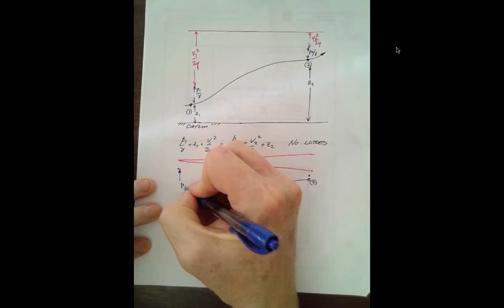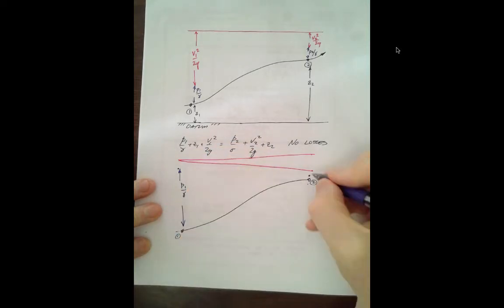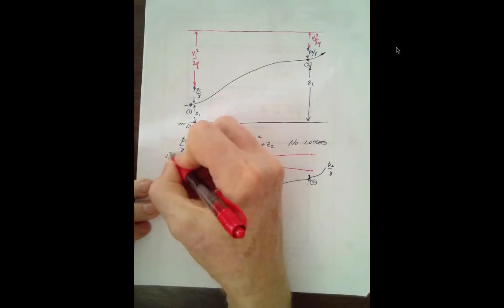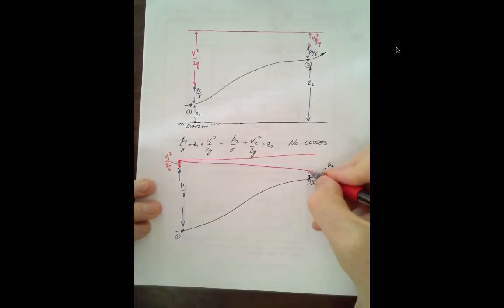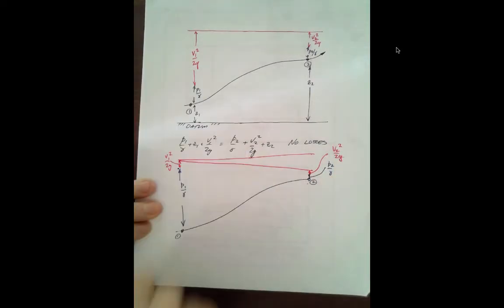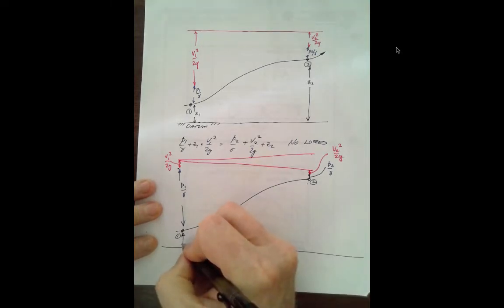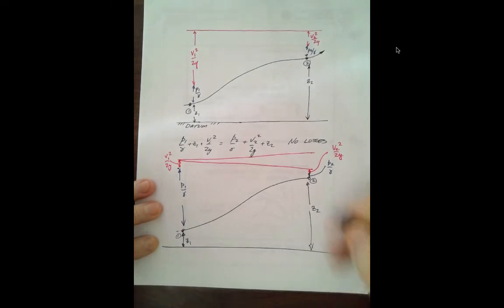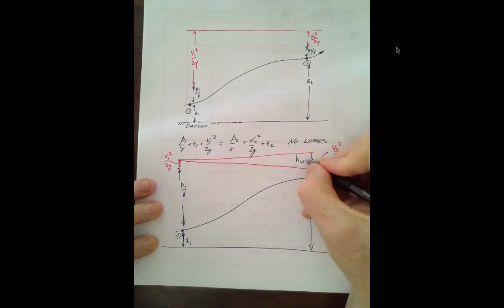So this is P1 over gamma. Here's P2 over gamma. V1 squared over 2g, V2 squared over 2g, Z1, Z2, and we're now interested in that distance, which is the head loss.